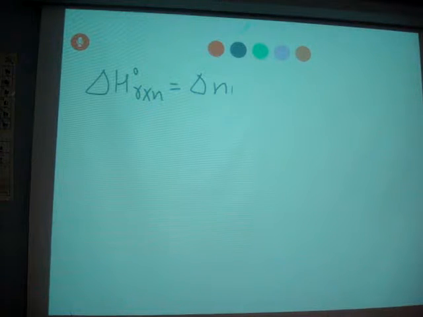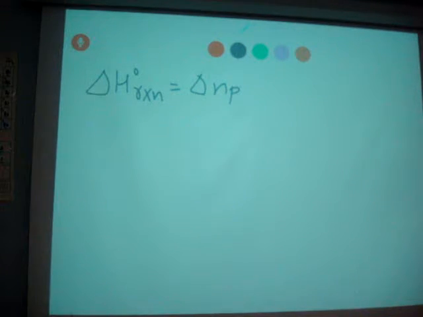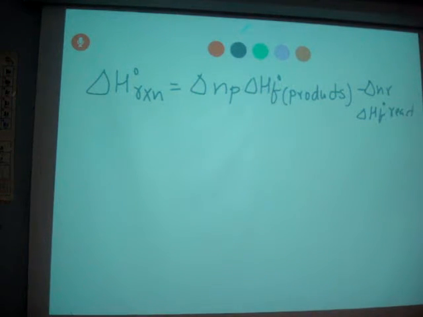This is delta Np, the number of moles of products, times delta HF0 for products, minus delta Nr, the number of moles of reactants, times delta HF0 for reactants. So that's the equation we follow in order to calculate delta H of the reaction from their standard enthalpy of formation.